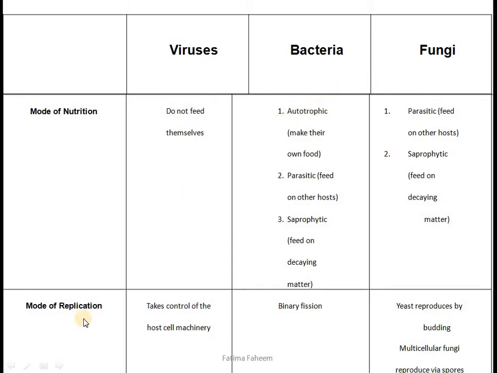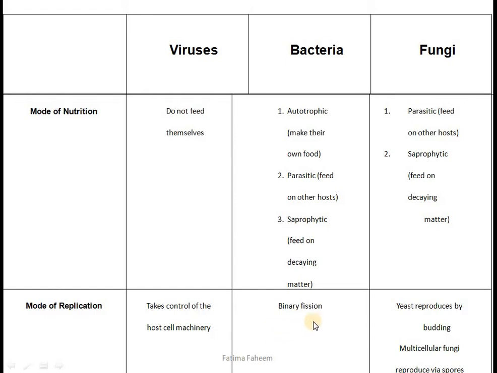In the mode of replication, you will see that viruses take control of the host cell machinery. In the previous lecture, I showed you an animation where the virus was attaching itself to the bacterial cell, controlling its cell machinery and asking it to produce the components of the viral structure so that more viruses can be produced inside the host cell.